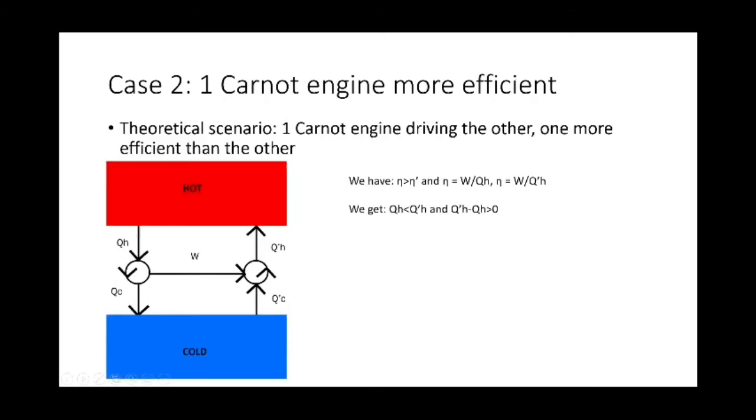Now let's imagine another scenario, where one Carnot engine is more efficient than the other. In that case, the efficiency η is bigger than the efficiency η prime, and since η is equal to the work divided by QH, we get QH is smaller than QH prime, and QH prime minus QH is bigger than 0.